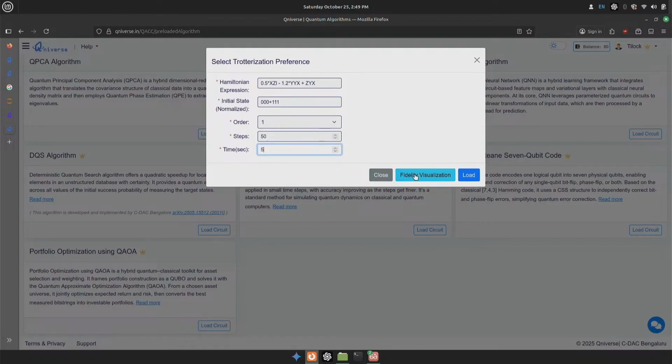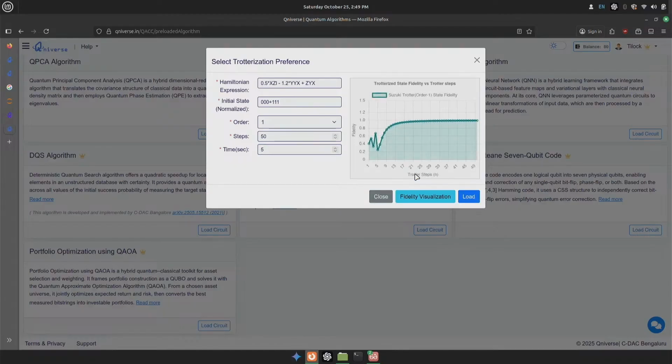Now, if I hit the fidelity visualization, I'll get an understanding of how the fidelity is behaving over a certain time and over the number of steps. So the more steps I go, the closer fidelity goes to 1. As I said, the closer the fidelity is to 1, the better our simulation results are.